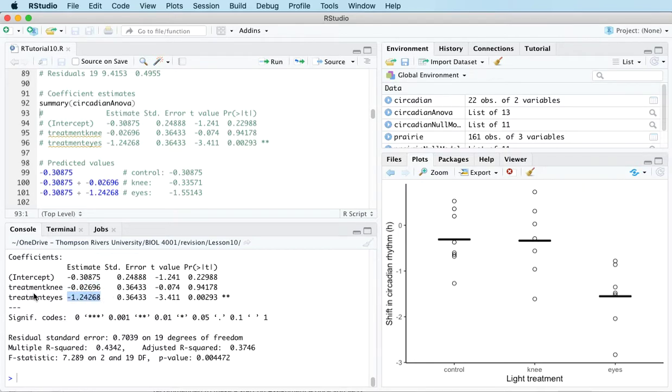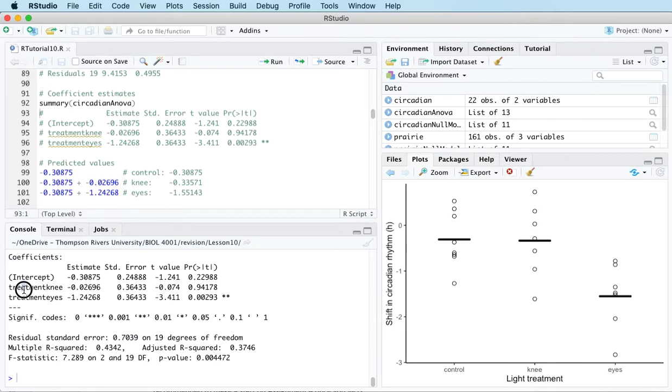So you can see that I have an estimate for the intercept, and I have an estimate for what R is calling treatment knee, and then I have an estimate for what R is calling treatment eyes. The level of the treatment that's left out, which is control in this case, is known as the reference level.